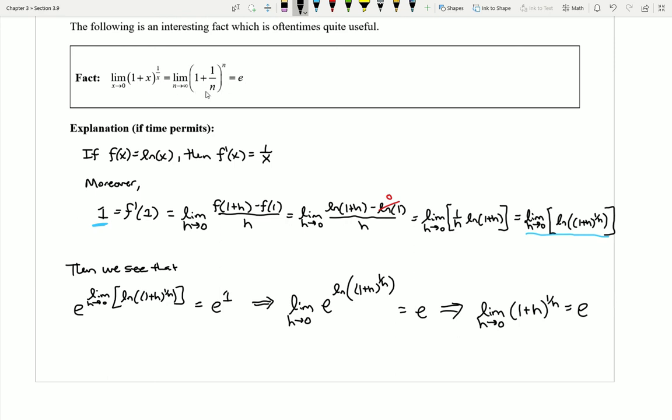Now you might be asking, well, Kyle, how do you get to this limit right here? Well, notice that if we replace my value of h with a value of 1 over n, then I can see that we get the following. I would have a limit of 1 plus 1 over n, and up here in the power, I would have 1 over 1 over n, which is just n.